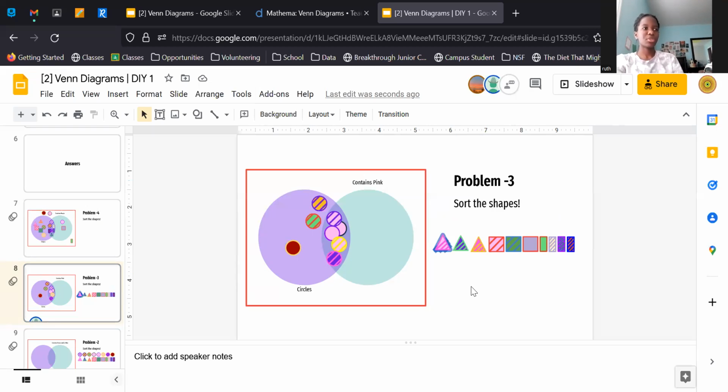This one is not a circle, but it's pink. This one is neither. This one is pink. This one is also pink. Neither, neither, neither, neither, neither and neither.